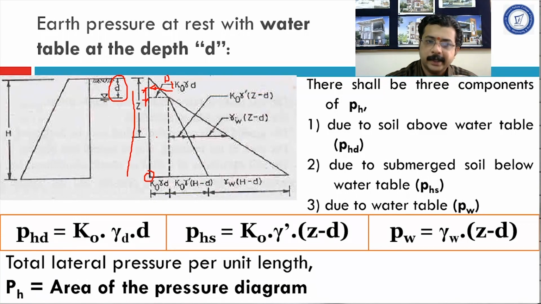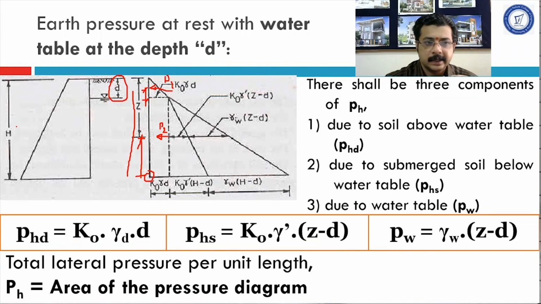Okay, for the rectangle, this is the CG. Here there will be pressure acting laterally. Let us call it P2. So the moment produced by P2 about the base would be P2 multiplied by this distance. How much is this distance? This distance is going to be the height of this rectangle divided by 2.